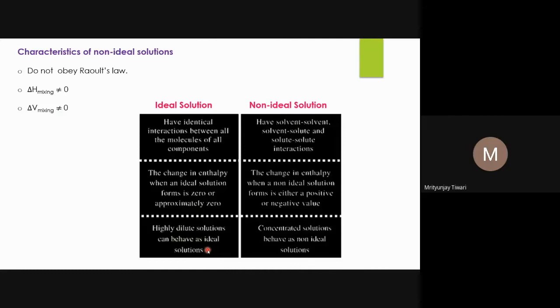The solvent-solvent interactions are much higher in number than the solute-solvent interactions, so solvent interactions will be dominating in the dilute solution, and this solvent interaction was also there in the pure solvent.